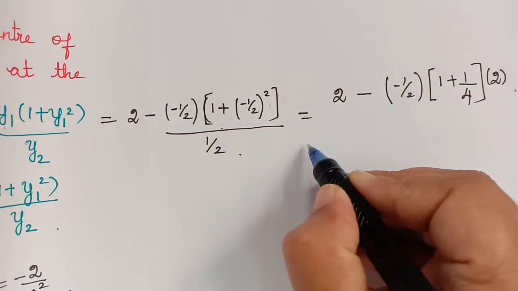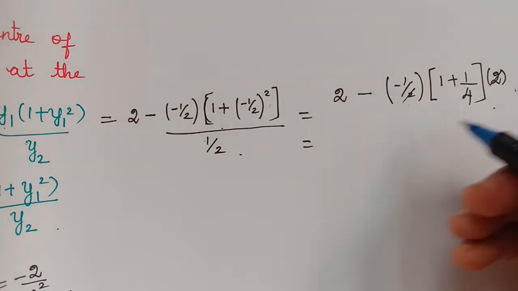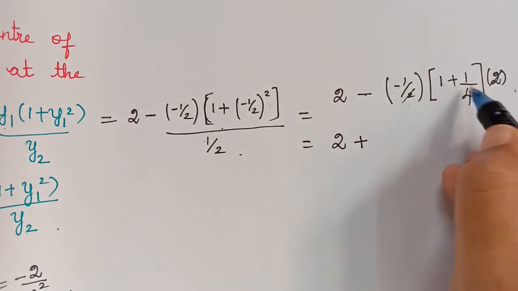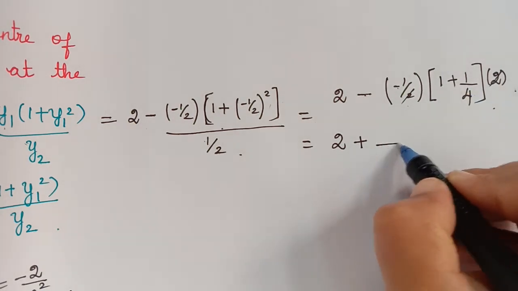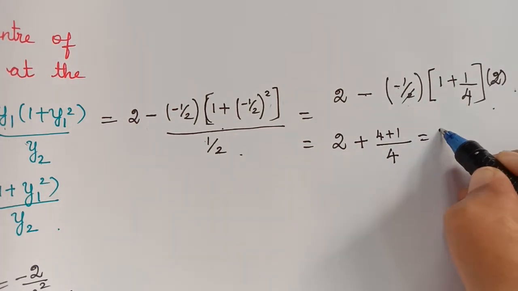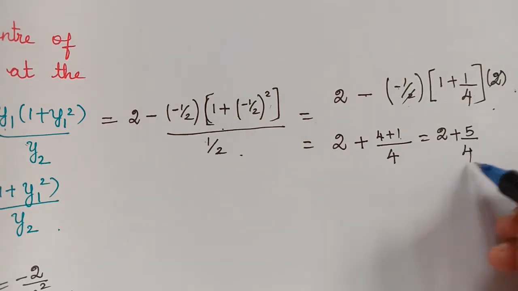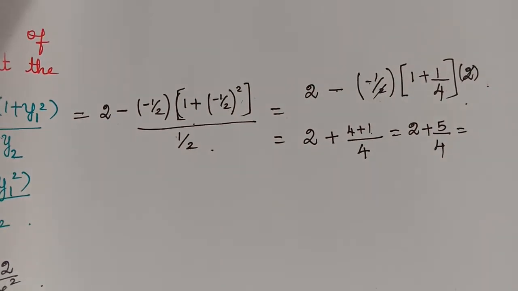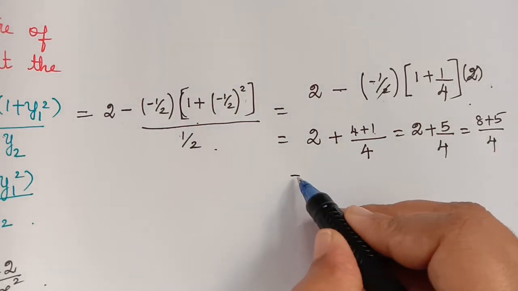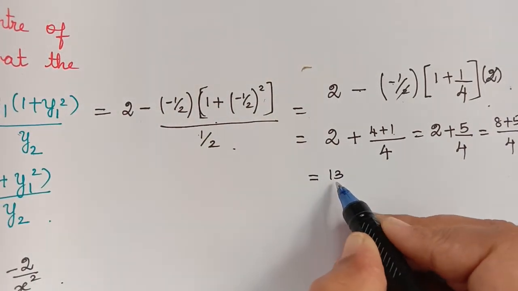So that is equal to, now further to simplify this 2 and this 2 will get cancelled, and we will have 2 minus into minus will become plus, and then here we have to take the LCM. So LCM will be 4, and then we will have 4 plus 1, and so that is equal to 2 plus, and this will be 5 by 4, and again the LCM here will be 4, and it will be 8 plus 5, and therefore this will be equal to 13 by 4.